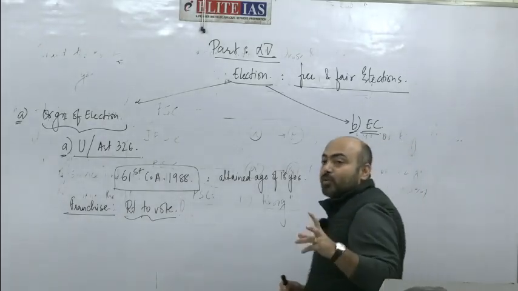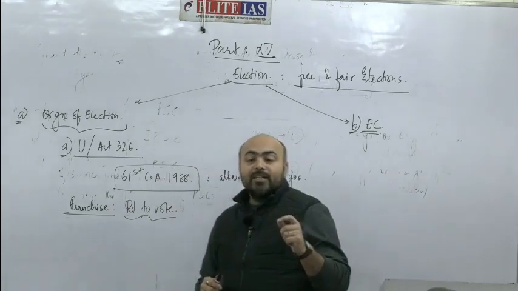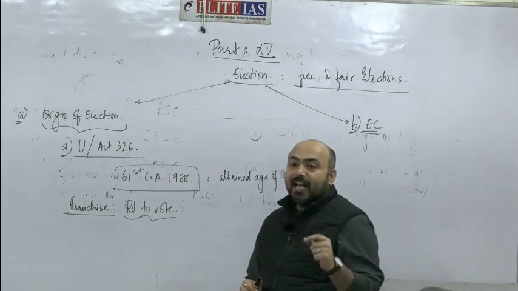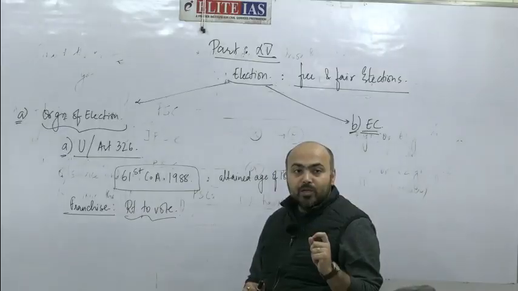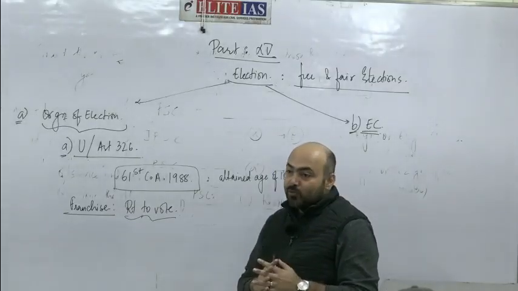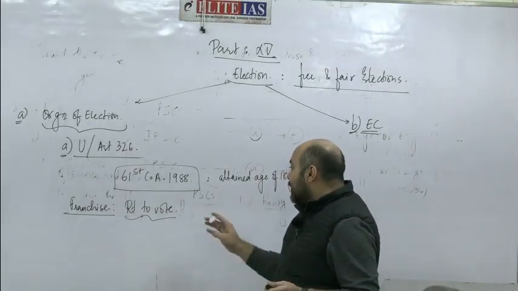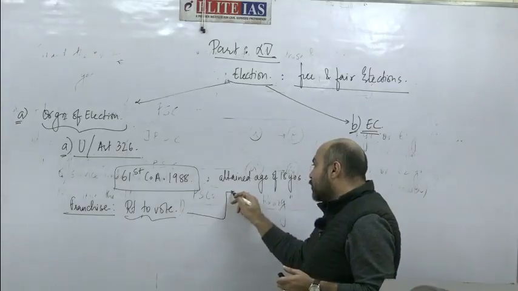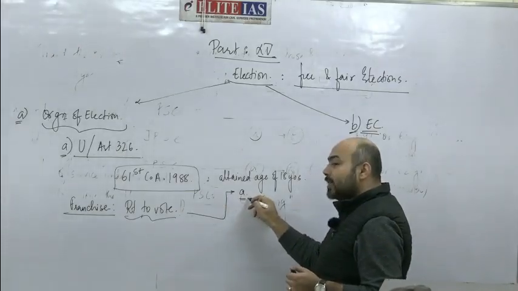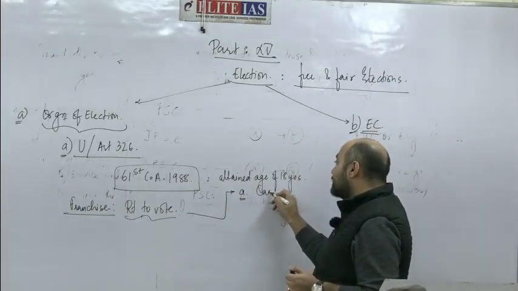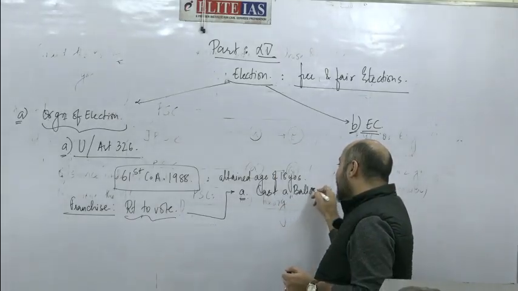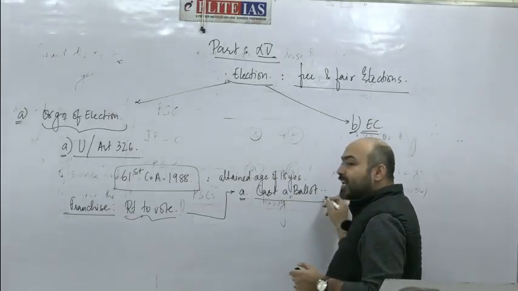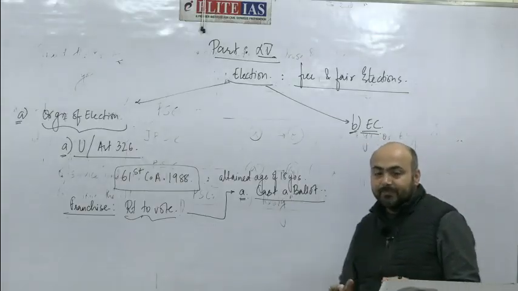When you say the right to elect, the right to elect is only a part of what we conceive as the right to vote. The right to vote includes, first, the right to cast a ballot. When you say right to elect, it means you only have the right to cast a ballot.